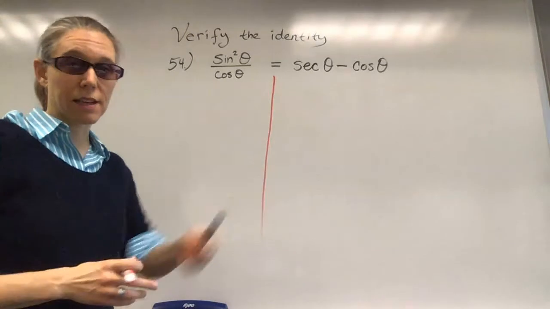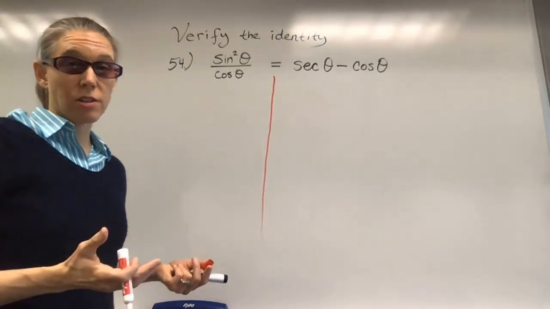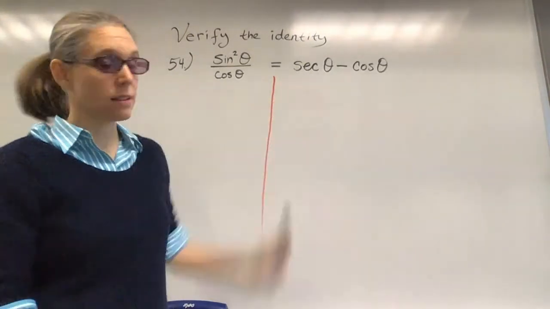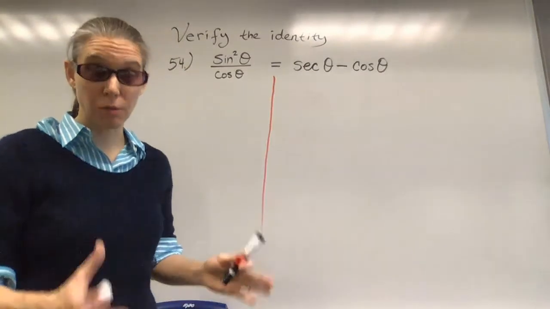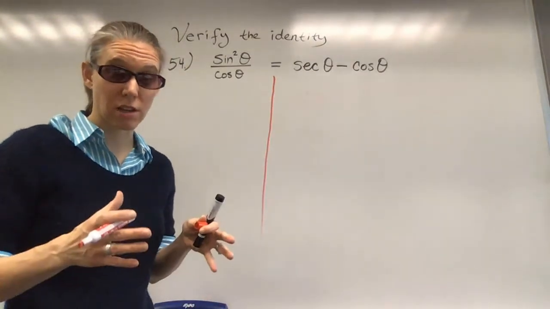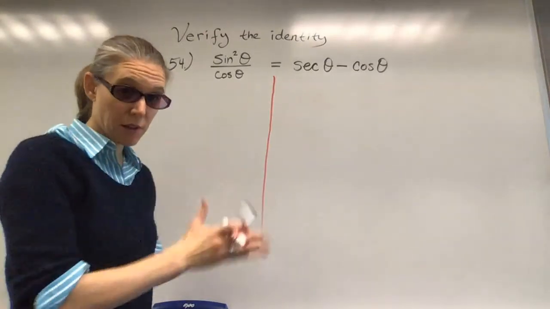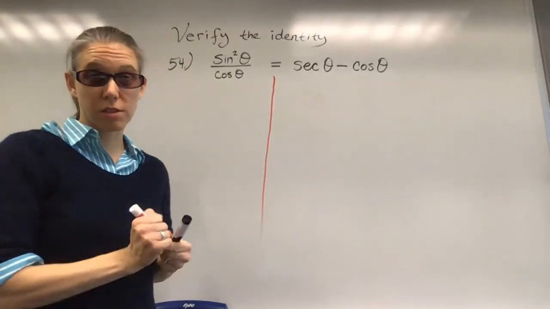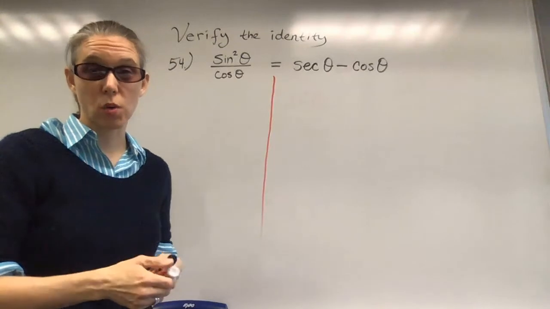So on the right-hand side, there is a fraction, because secant is 1 over cosine. So if you see fractions and you see addition and subtraction, you should be like a moth to the flame, okay? So first, I want to start by rewriting secant as 1 over cosine.